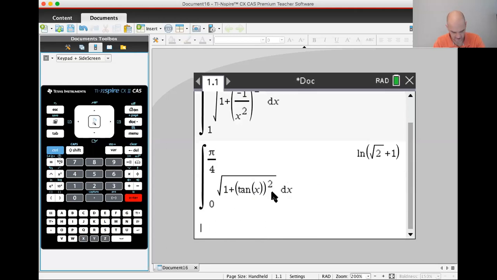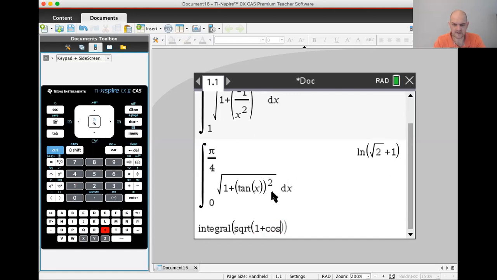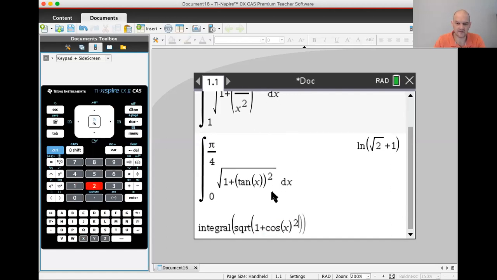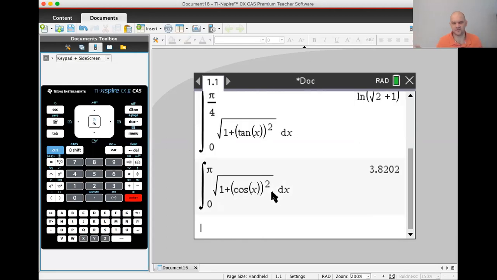All right, yes, good. Now the integral of square root of 1 plus cosine of x squared, x is our variable, 0 to pi. I don't even need control enter, because I can't do it anyway. So 0.3820, I'm going to write 3.820.